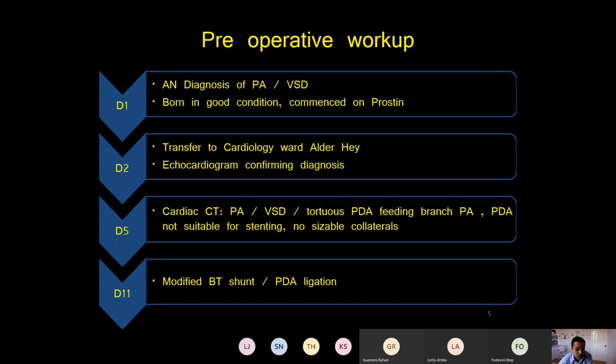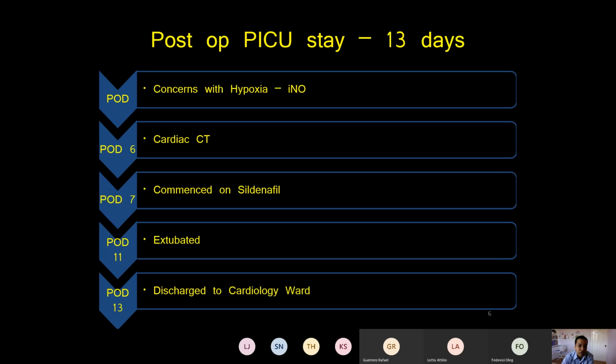But in this patient, the ductus was quite tortuous and not suitable for stenting. So no sizable collaterals there. That's another thing to clarify the anatomy. This patient had a modified BT shunt and the PDA ligated. So this patient has moved from a ductus-dependent circulation to a systemic-to-pulmonary shunt in the form of a BT shunt. So let's see what happens in ICU.